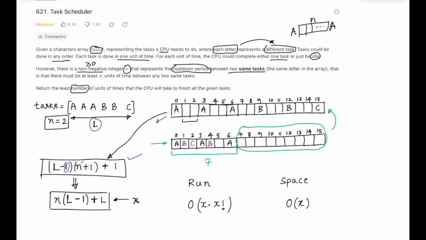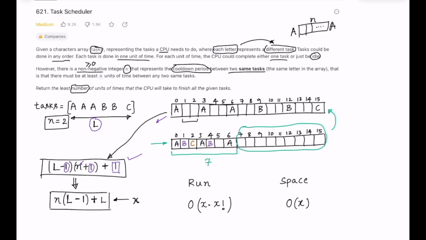N is the cooldown period we need to add per task we execute, and plus 1 is 1 unit of time to execute the task itself, and the final one is for the last task.